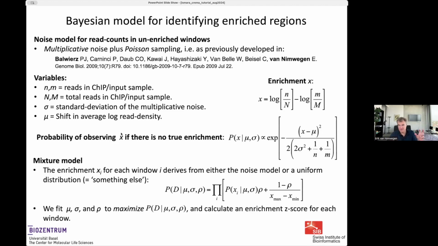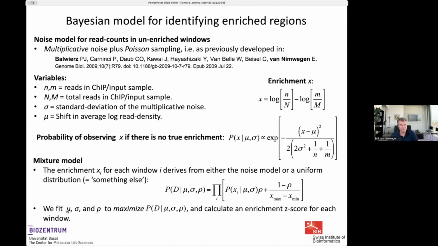Then we fit a mixture model across the entire genome. Using all the windows, all the x's in each window, we fit the mu and sigma squared of this distribution. We assume that our data is a mixture: a fraction rho of the windows are not enriched, so their x values come from this background distribution, plus a fraction 1 minus rho that are truly enriched, and we take their x values to come from a uniform distribution with bounds between the largest and smallest x.